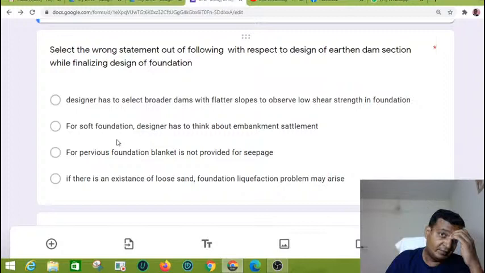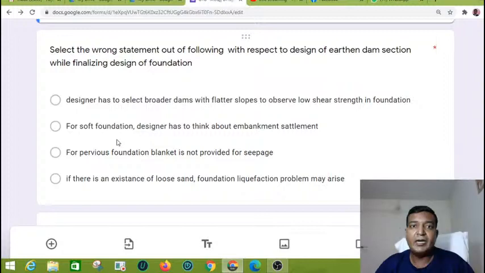Select the wrong statement out of following with respect to design of the earthen dam section while finalizing the design of foundation. While we are finalizing the design of foundation, the designer has to select broader dams with flatter slope to observe low shear strain in the foundation.